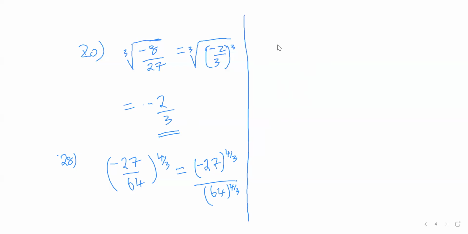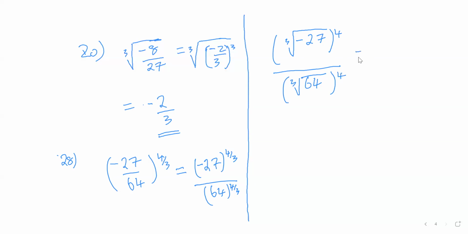That's also another way. So notice that this in its radical form will be the cube root of negative 27, all to the power 4, divided by the cube root of 64, all to the power 4 as well.